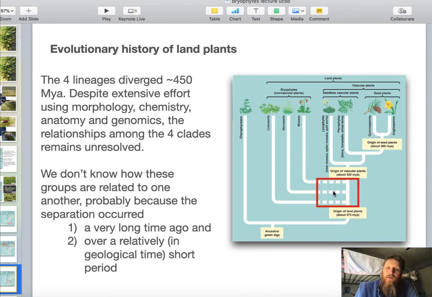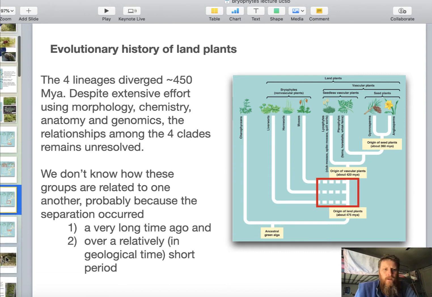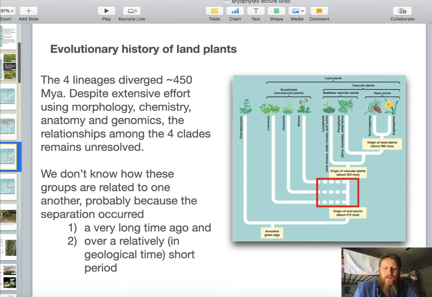There's just not really good support at the base of the evolutionary history of plants, and it's quite possible that we may never know. There are published studies that give you all possible combinations of these 4 lineages in terms of who's sister to whom and which one diverged first and second, etc. So it's unresolved and unlikely to be resolved, even with the biggest genomic data sets that we have.